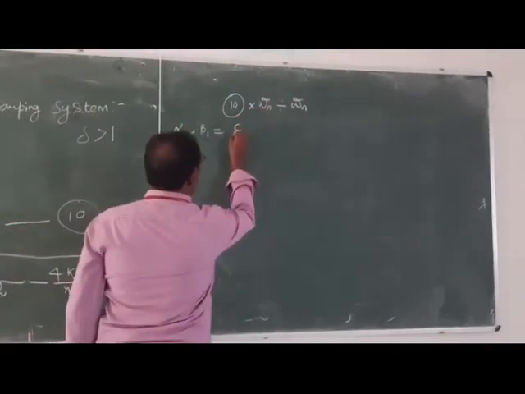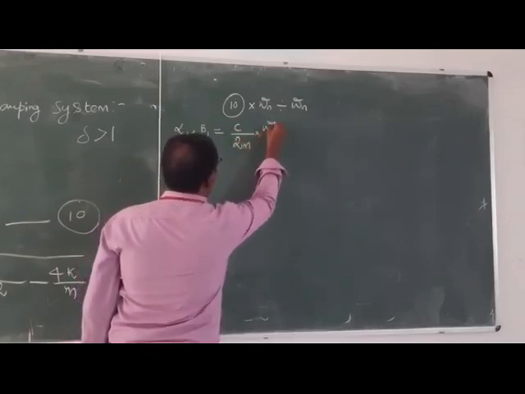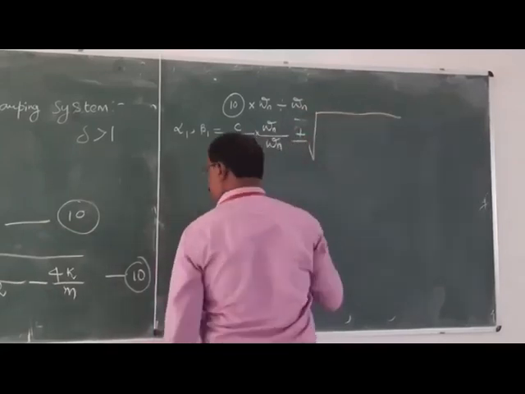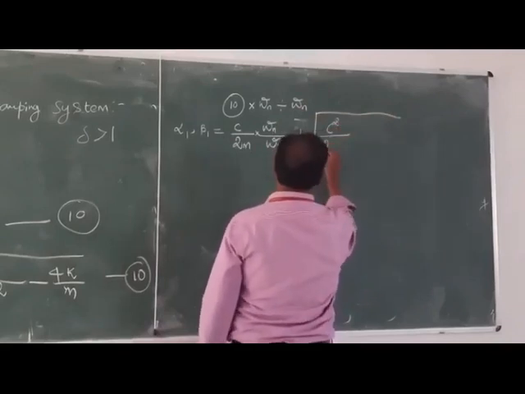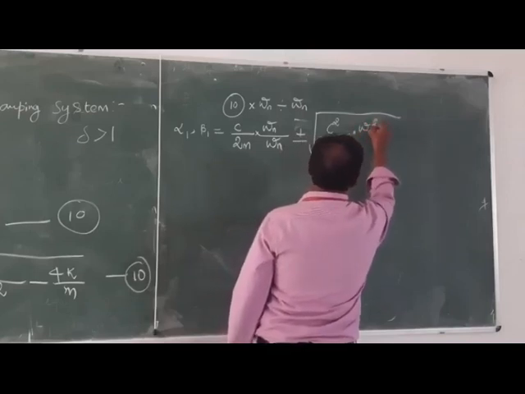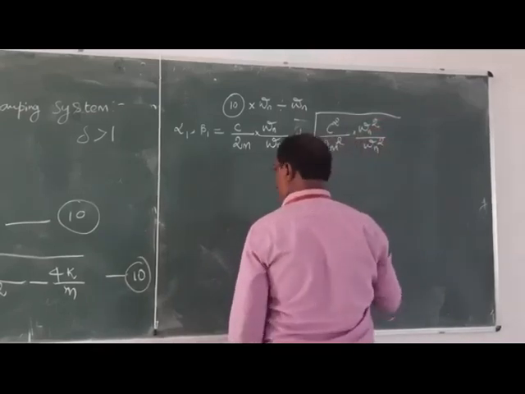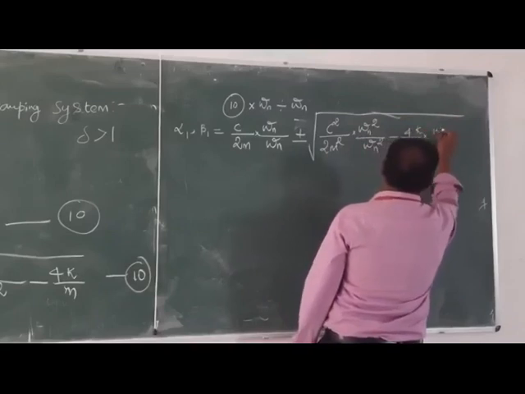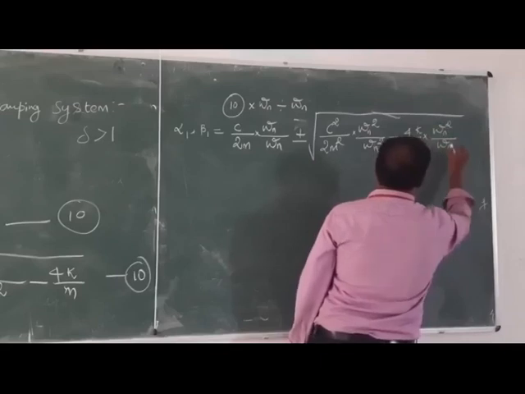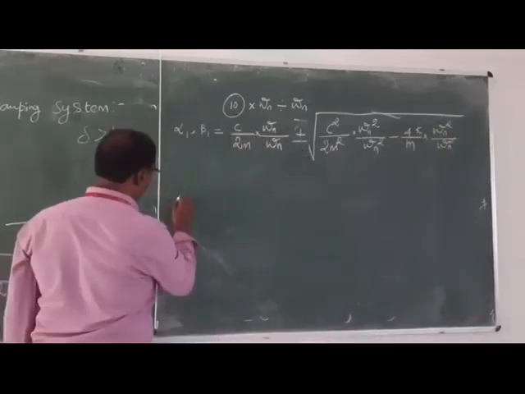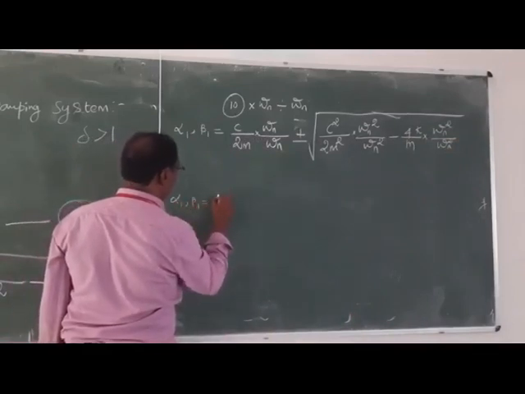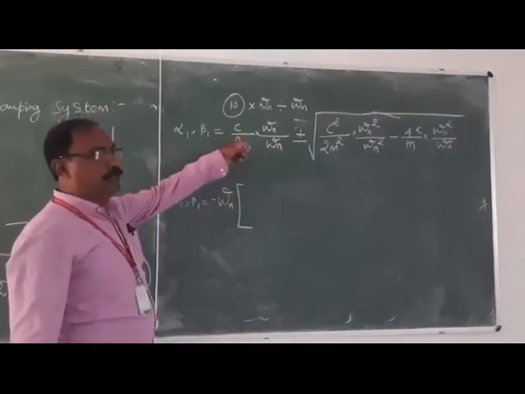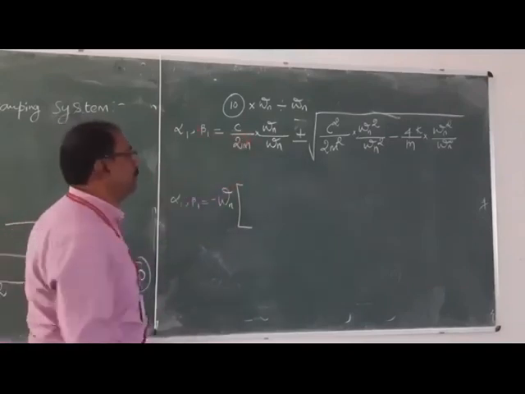Then I am removing the minus omega n, taking minus omega n common.